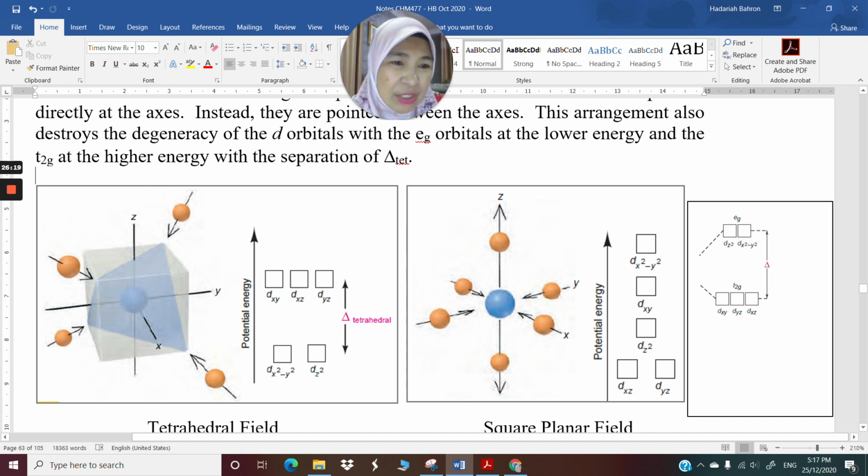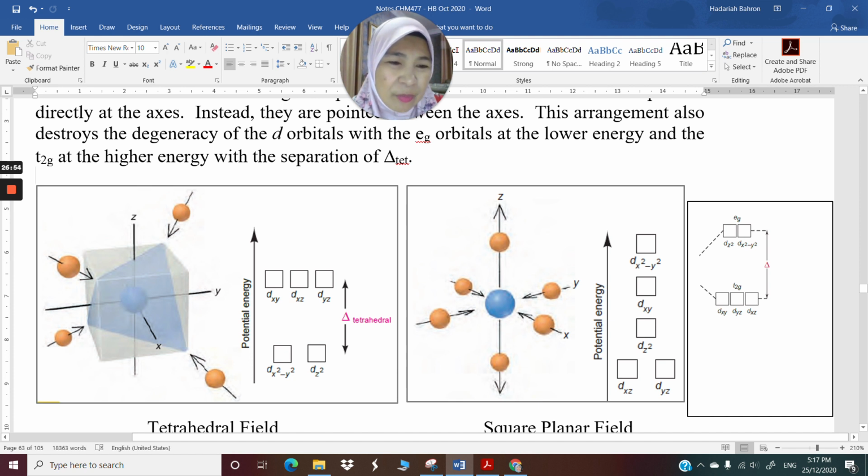So this dz squared is going to become very much stabilized. Your dx squared minus y squared is still on the same energy level, but your dz squared goes down quite far, becoming more stabilized. And this is your T2g in your octahedral. The dxy still remains there undisturbed, but the orbitals with the z term, which are dyz and dxz, will experience stabilization.